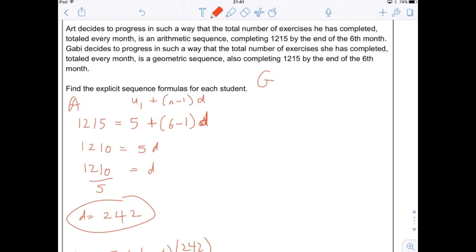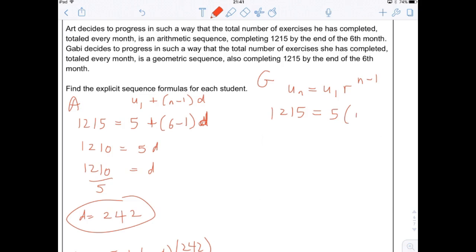Okay. Now we're going to take Gabby's sequence. Gabby's sequence is a geometric sequence, so it's going to use the formula un equals u1 times r to the n minus 1. Remember, u subscript n means she has 1,215 exercises done in the 6th month. u1 would be the number she does in the 1st month, which is 5.